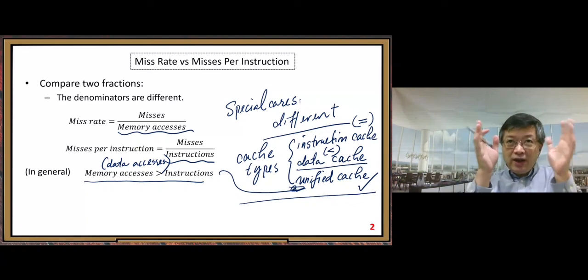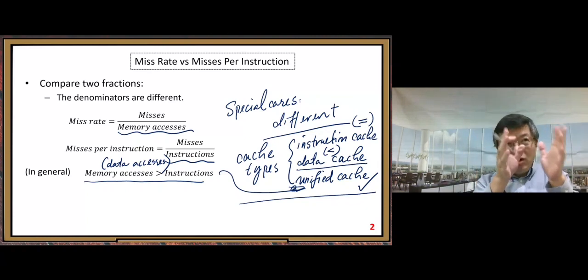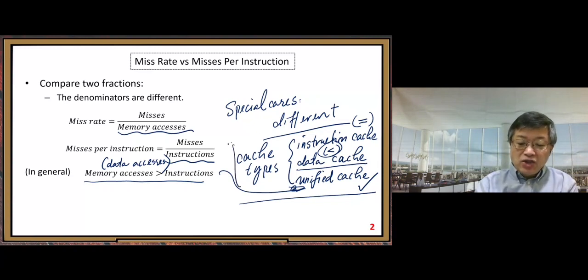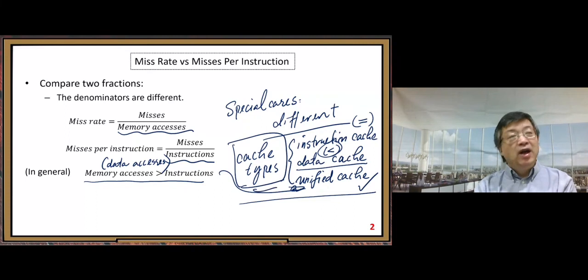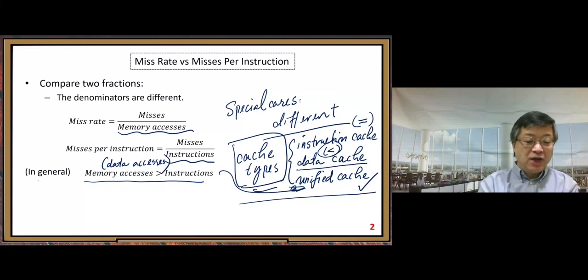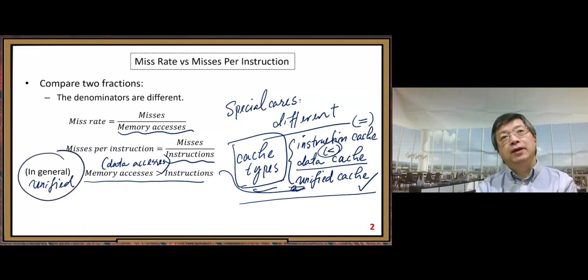We only look at the data part. That part is usually smaller than the number of instructions. So then we get a less-than relationship. So you need to look at the cache types. If the cache type is not given, then you use the unified cache. If the cache type is given, then you need to consider different cases.